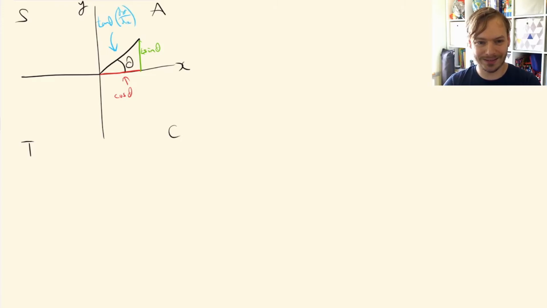So in this little right angle triangle, we actually had all three of our trig functions, cos theta, sine theta, and the gradient tan theta.